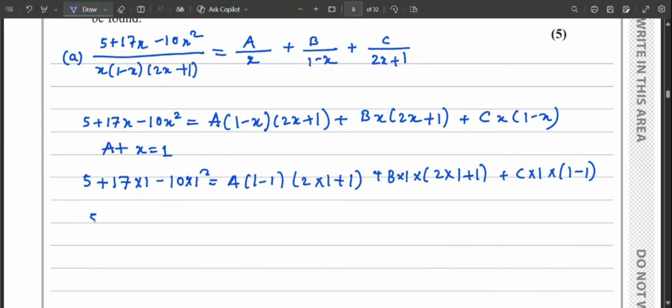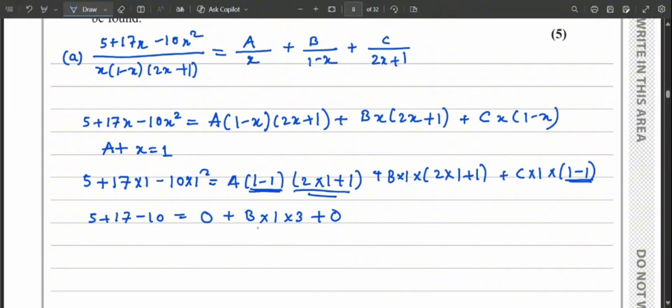From here, if we simplify, we get 5 plus 17 minus 10 equals, again, this term becomes 0, so multiplying a into 0 gives 0 for the whole expression. So we can write 0 plus b into 1 into 3 plus, again, this term becomes 0, so multiplying c with 1 with 0 gives 0. The only unknown in this whole expression is b.